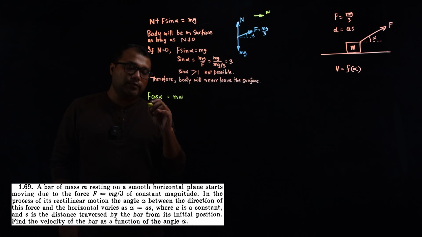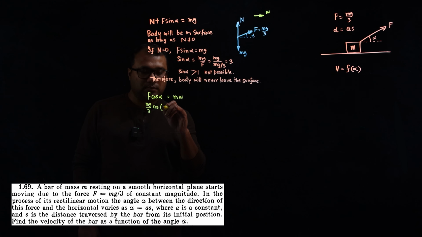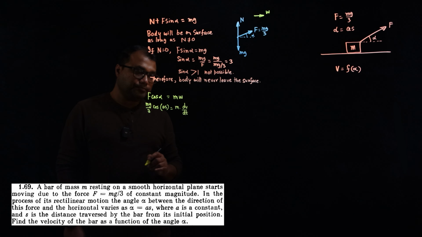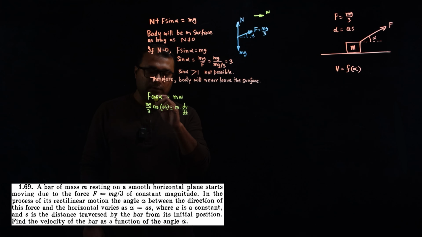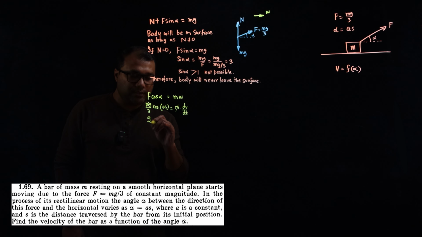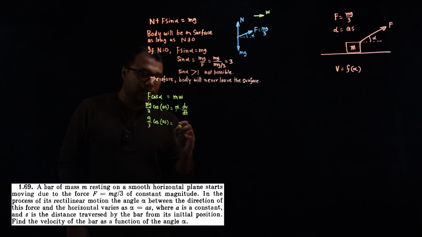So we can write, now F is mg by 3, so mg by 3, and cos alpha is cos as, is equal to m times w. Now w we can write as dv by dt. Further, we can cancel out the m's, so g by 3 cos as.